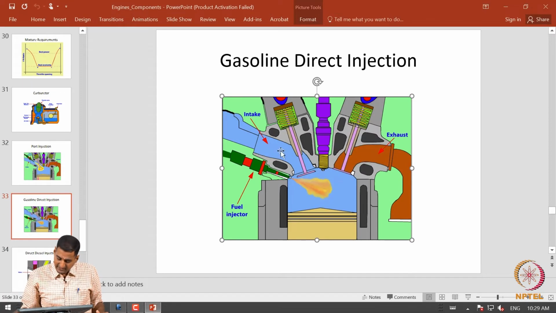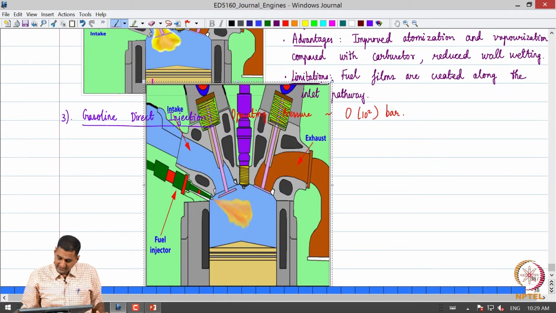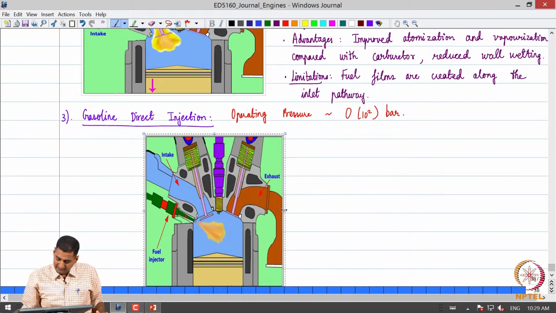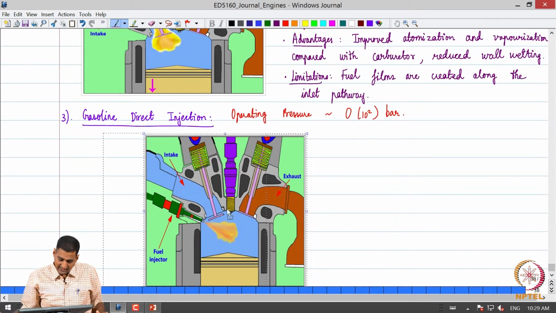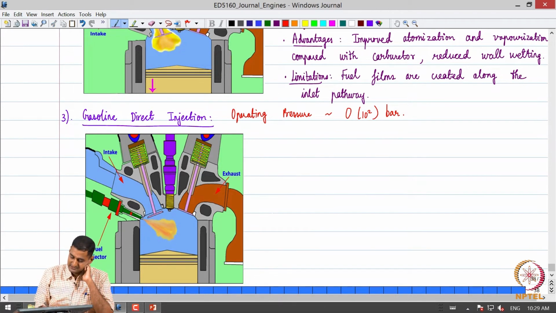If we compare it with port injection, we can immediately observe, even from the term gasoline direct injection, that now the fuel is going to be directly sprayed into the engine cylinder.